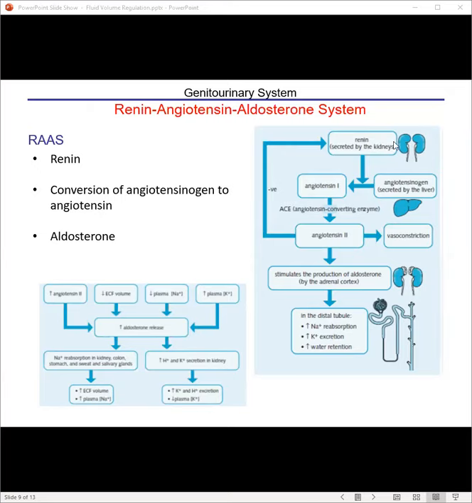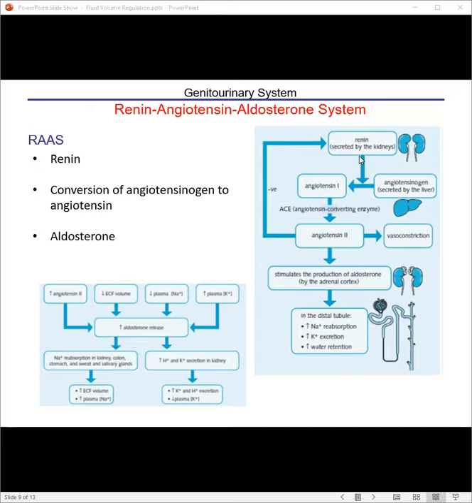Of course, this process is mediated by beta adrenergic receptors, because this is part of the sympathetic nervous system. Also, consider the wall tension, for example, in decreased ECF. You have decreased water volume, so therefore there will be decreased ECF volume.